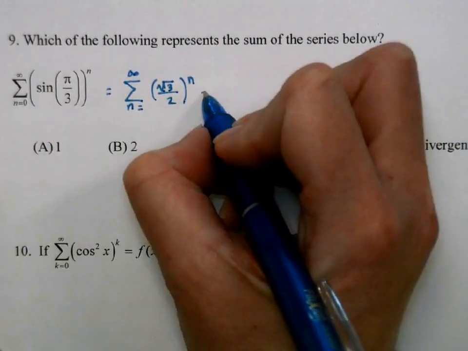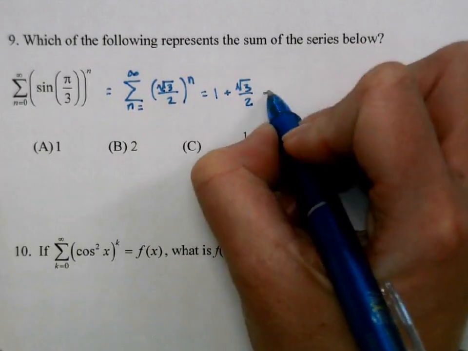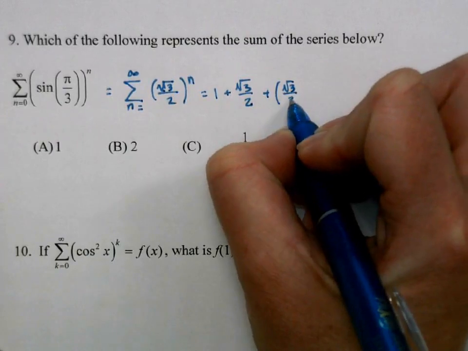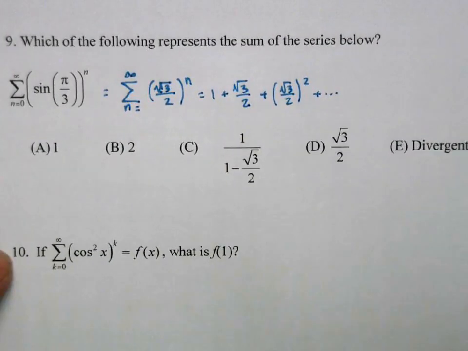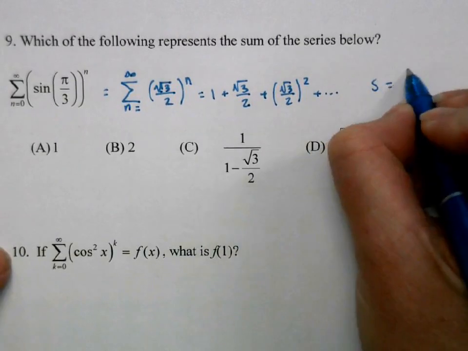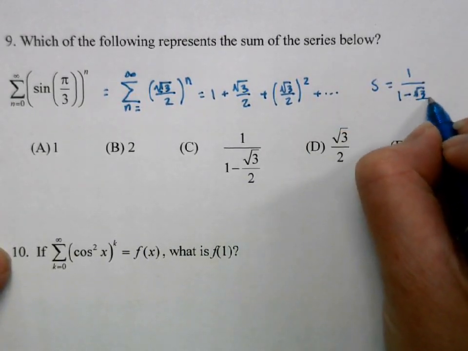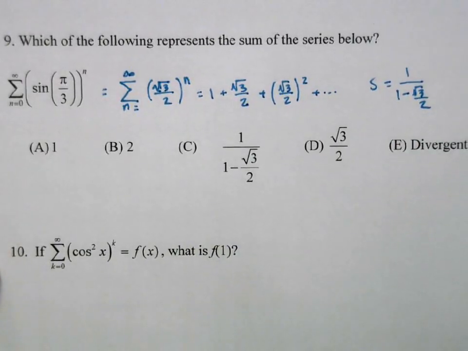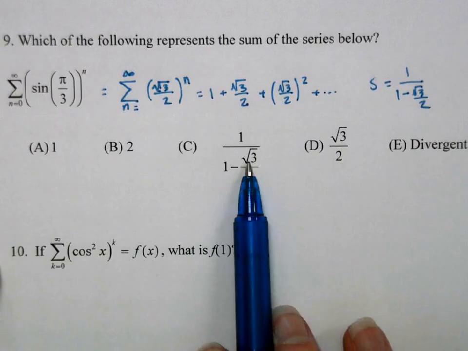If I plug in 1, we get root 3 over 2, and so on, which is geometric. My a1 is 1. My r is root 3 over 2, which we may need to simplify, but if we look at our multiple choice as they're presented, that's what C looks like.